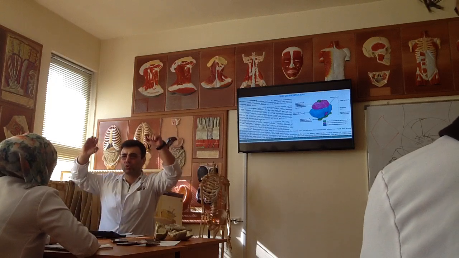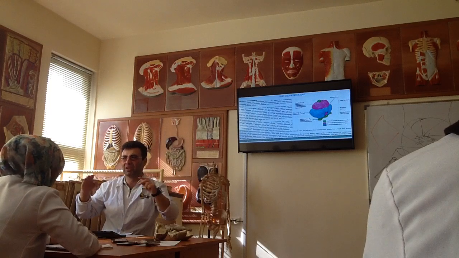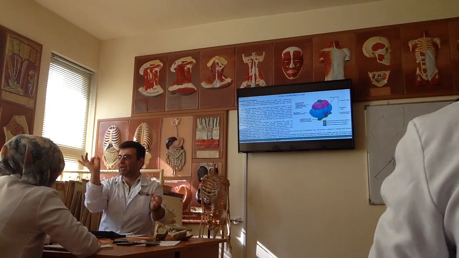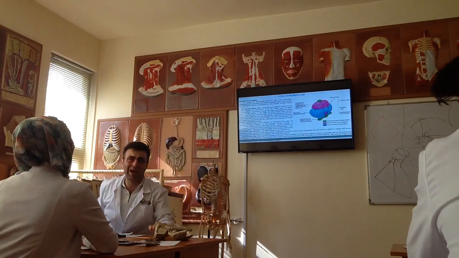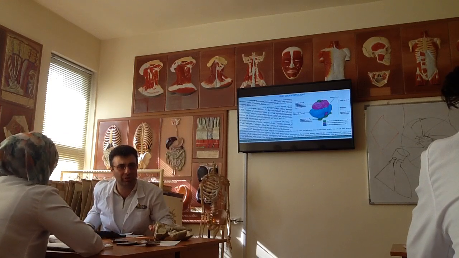So the flocculonodular part is the most inferior part of the cerebellum, which has 2 floccular parts, right and left, and 1 nodular part connecting them to each other. We call it the archaeocerebellum. Once again, it is the oldest part of the cerebellum.